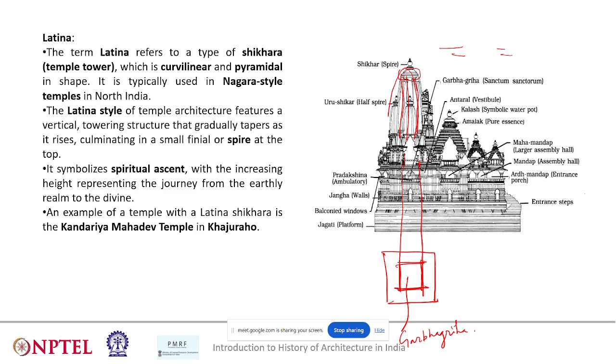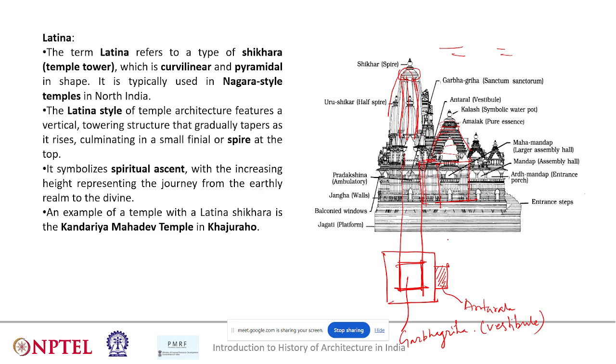Then there's this small transition area you can see in the elevation. This transitionary area is nothing but the Antarala or the vestibule. And then there's a particular space which is again on top of it, you can see another pyramid shaped thing.